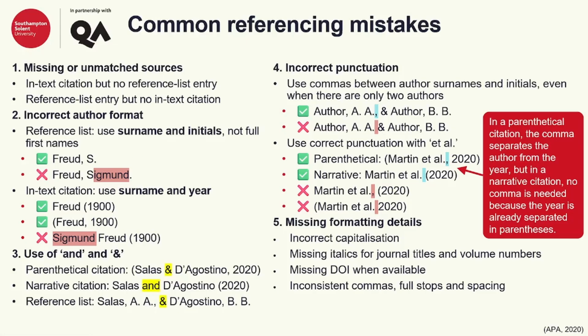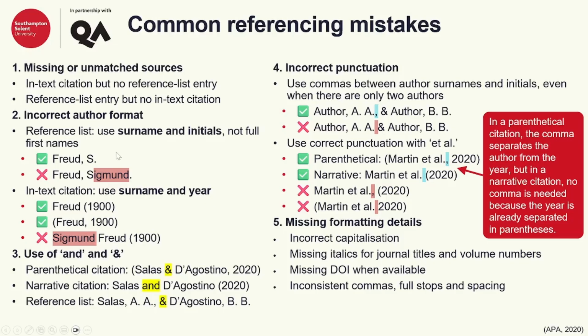In a standard in-text citation, use the author's surname and publication year. For example, you should use Freud (1900), with 1900 in brackets, or you can write (Freud, 1900), the whole citation in brackets. Do not use the author's full first name as part of the citation formats.